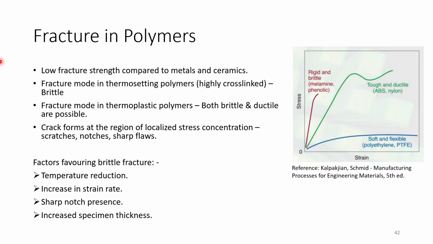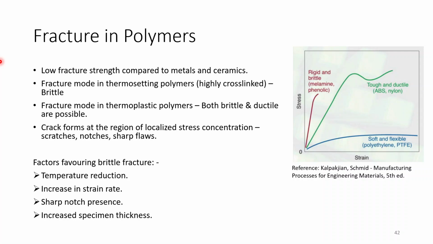Fracture in polymers. Polymers show low fracture strength compared to metals and ceramics. The fracture mode in thermosetting polymers, which are highly cross-linked, is brittle in nature, and in thermoplastic polymers both brittle and ductile fracture are possible.